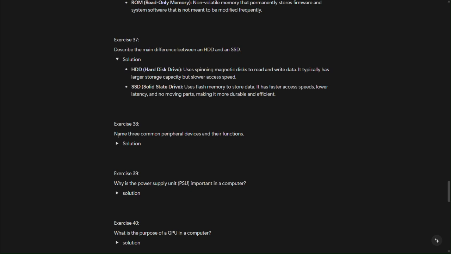But the solid-state drive, the SSD, uses flash memory to store data. It has a faster access speed, lower latency, and no moving parts, making it more durable and efficient. This is the difference between the HDD and the SSD.